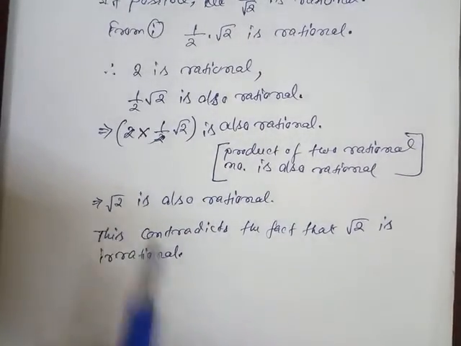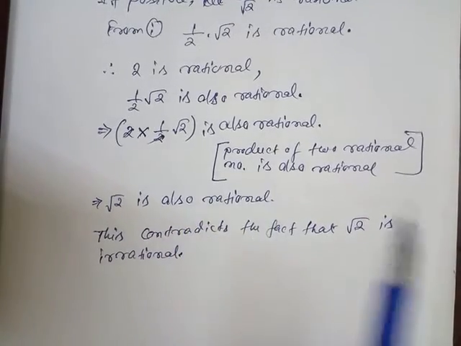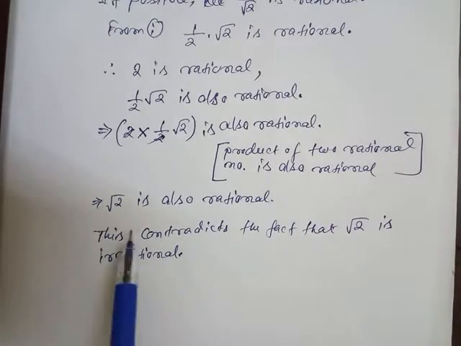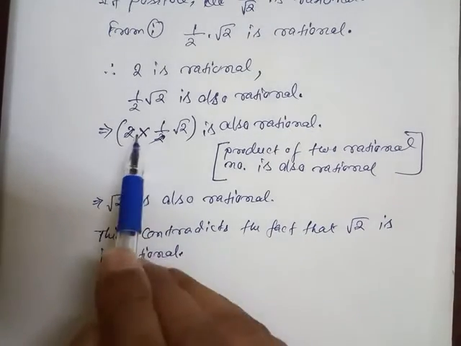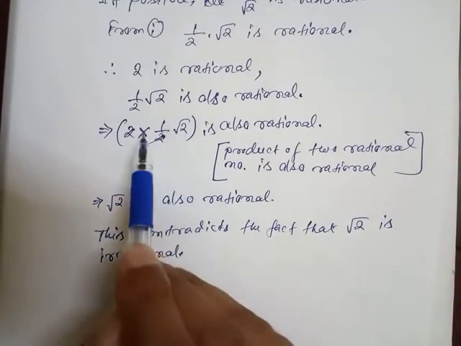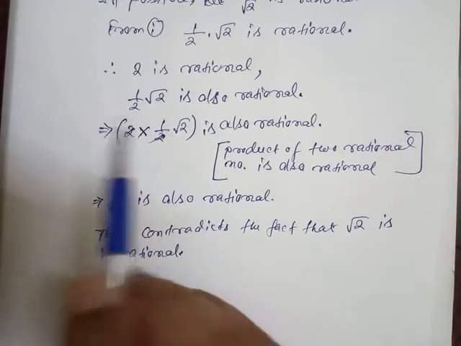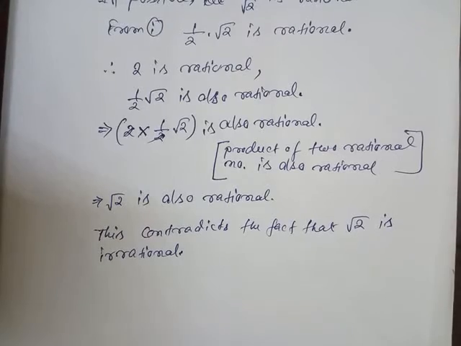If root 2 is irrational, then here I have written that the product of two rational numbers is rational. If root 2 is irrational, which means one irrational number and one rational number, then the product of one rational and one irrational is also irrational.